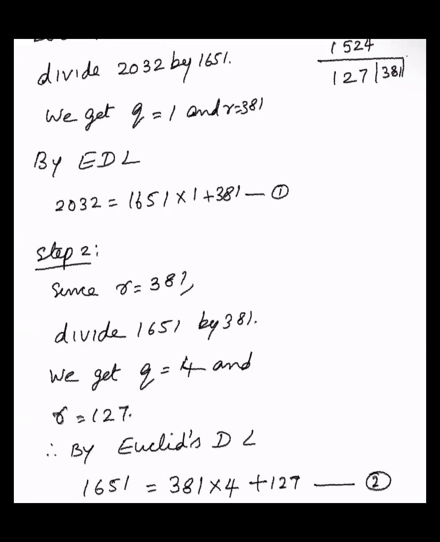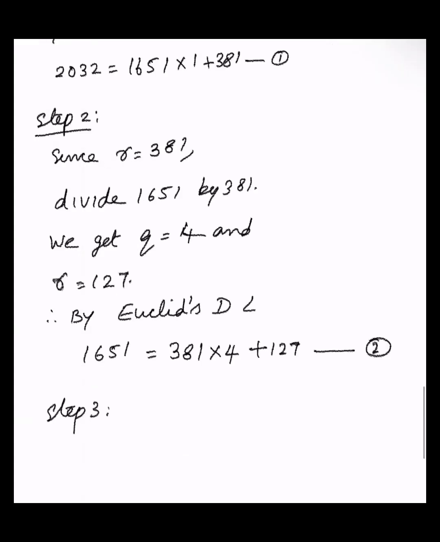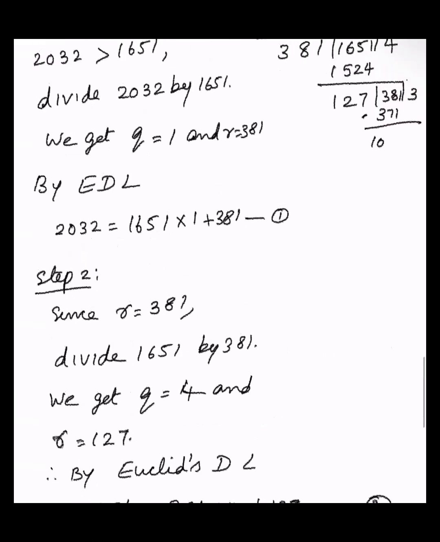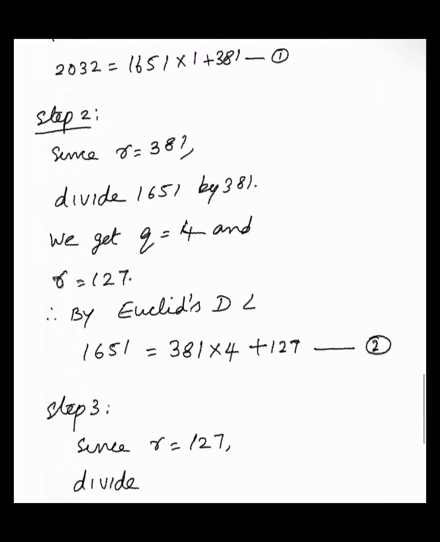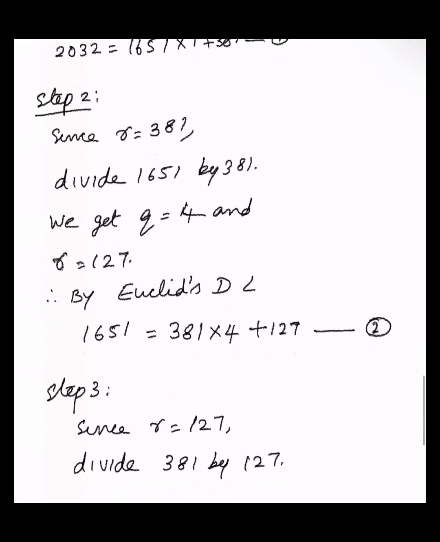So 381 is divided by 127. Step 3: since R equal to 127, divide 381 by 127.